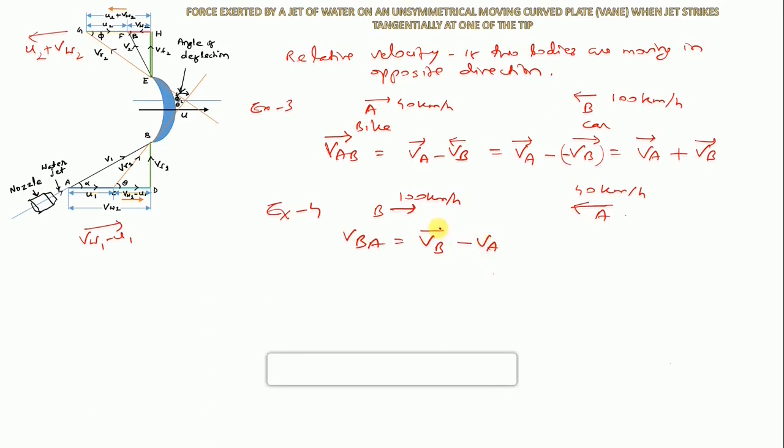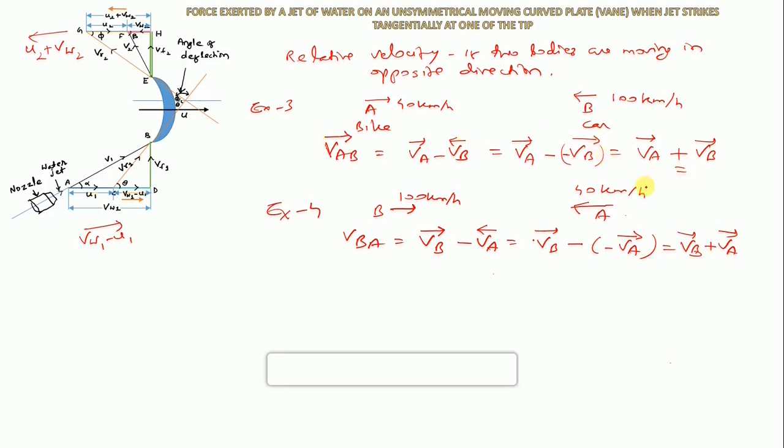This direction will not change, and this direction will be changed. So VB minus VA is equal to VB plus VA.